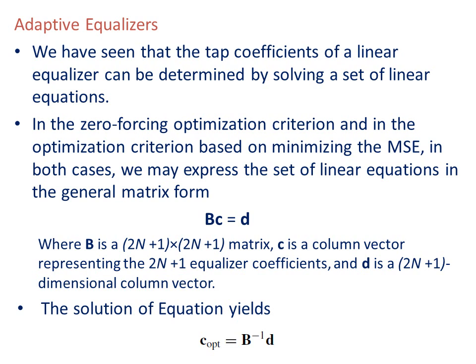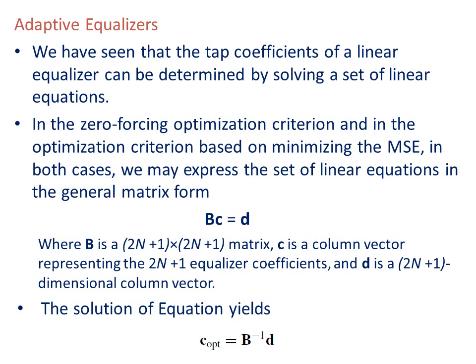In the previous class we have studied about zero forcing equalizers and equalizers based on minimum mean square error. So now we have seen that the tap coefficients of a linear equalizer can be determined by solving a set of linear equations.